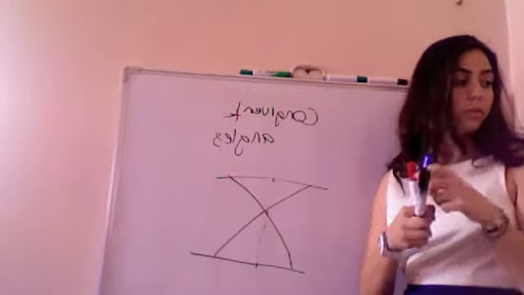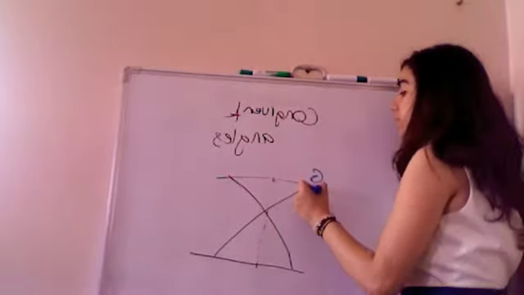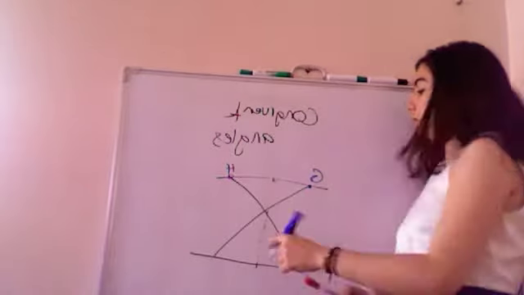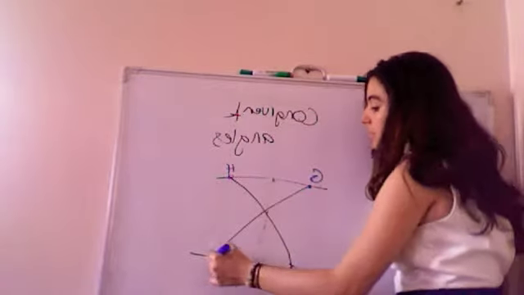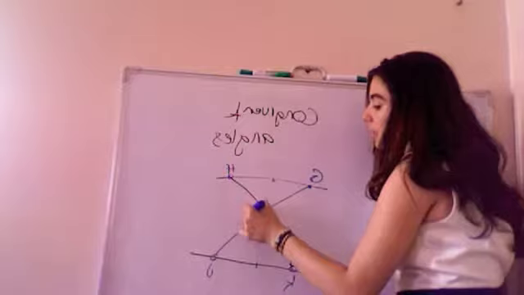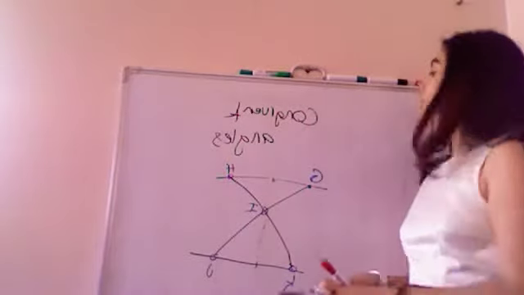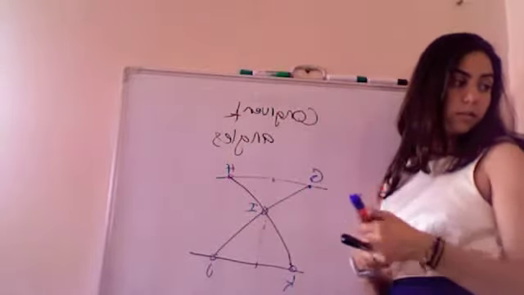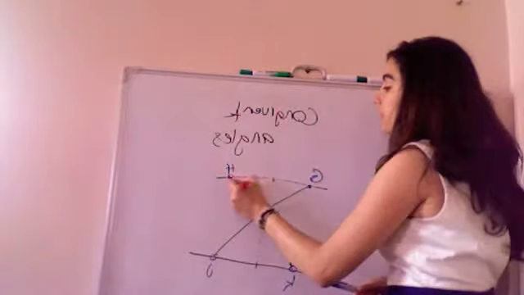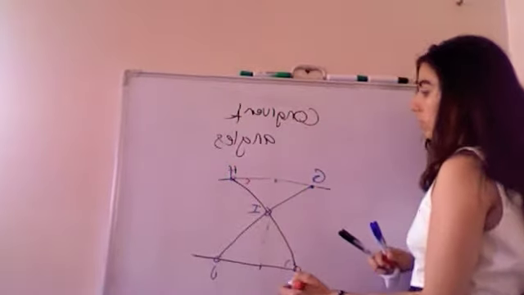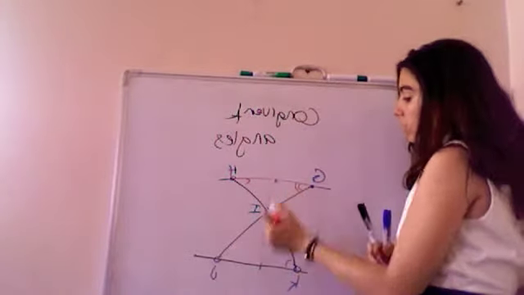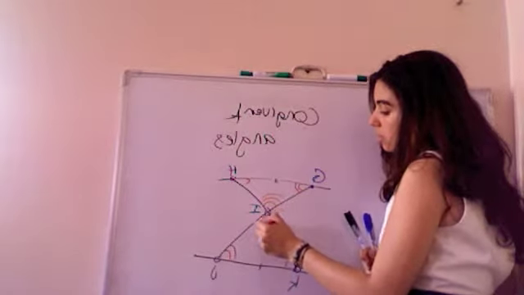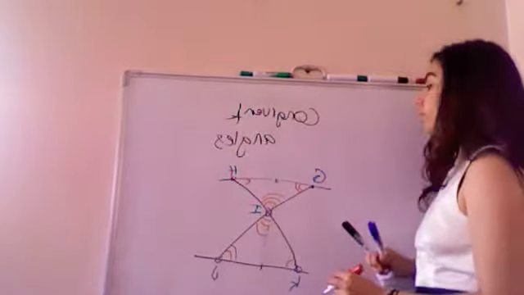So we're going to name these points G, H, K, J, and I. What we know is that this angle is congruent to this angle, and this angle is congruent to this angle, and we know that these angles are congruent as well.